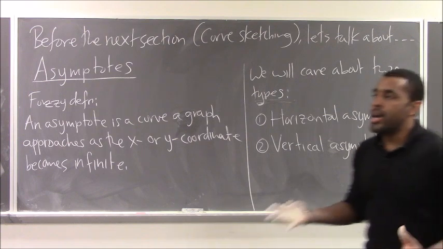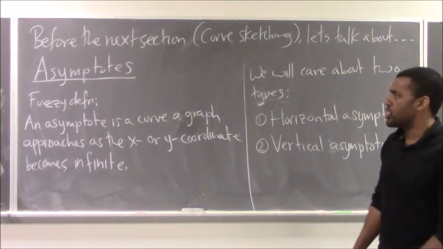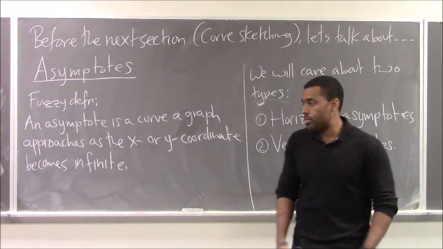Okay, so there are many kinds of asymptotes. You can have slant asymptotes, oblique asymptotes, you can have asymptotes that are just, they can be any curve, right?